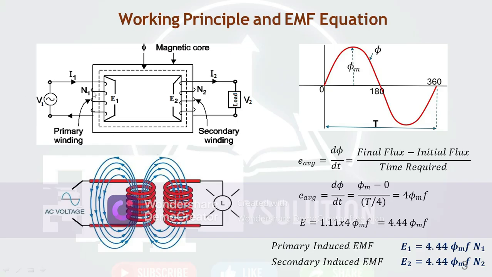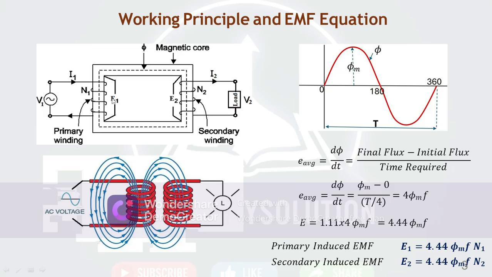Here the single phase primary is excited and the flux links through the magnetic core, and the secondary turns are induced by this flux. So the secondary winding is excited due to the primary winding.